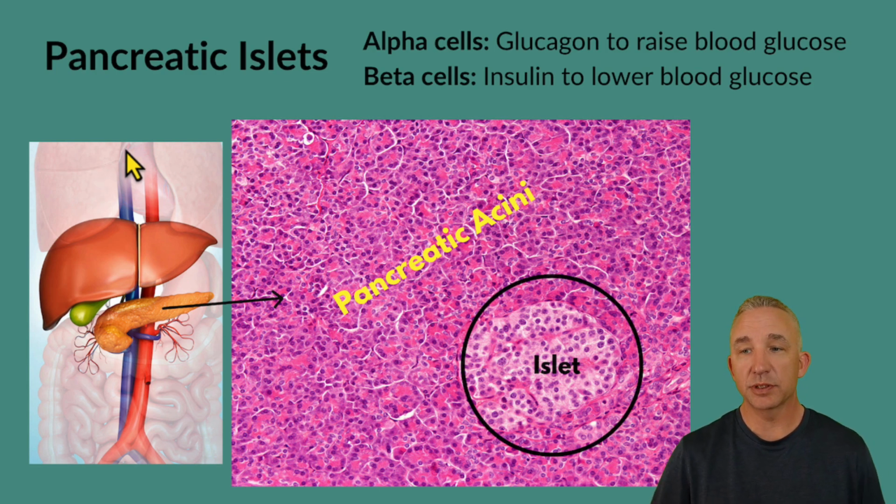The other 2 types of cells that we see in a pancreatic islet are first delta cells. Delta cells secrete a hormone, and that hormone's helping to balance our alpha and beta cells. And then lastly, we'll see PP or F cells. The PP stands for pancreatic polypeptide, and that's a hormone that's controlling some of our digestive secretions.